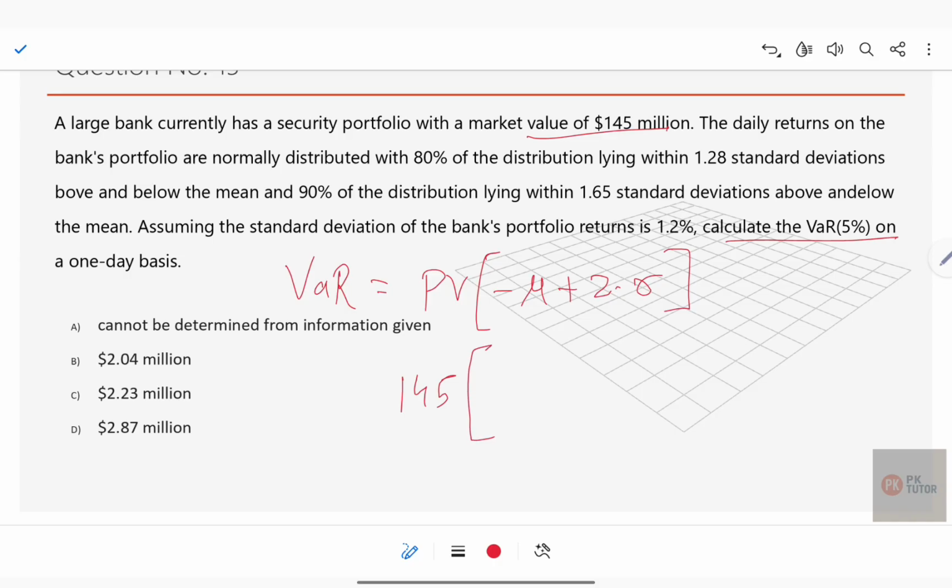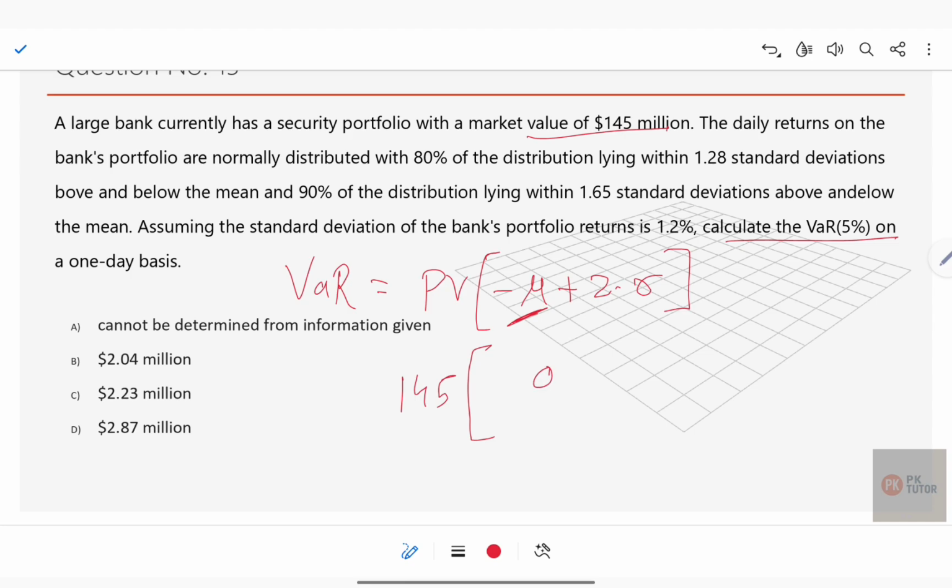The daily return is normally distributed, with 80% of the distribution lying within 1.28 deviations above and below the mean. 90% of the distribution lies, assuming the standard deviation is 1.2. So we'll take this. We don't have the mu here.